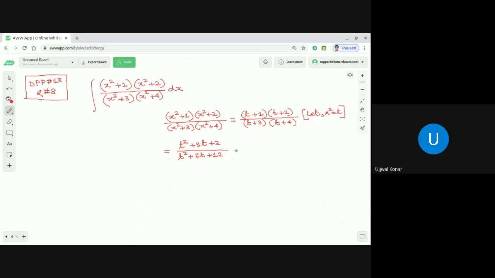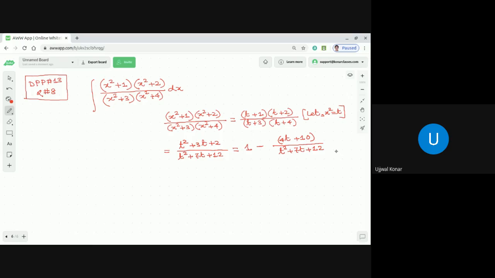What you are going to get is something like 1 plus, I can write minus also, minus 4t plus 10 divided by t square plus 7t plus 12. Got it?